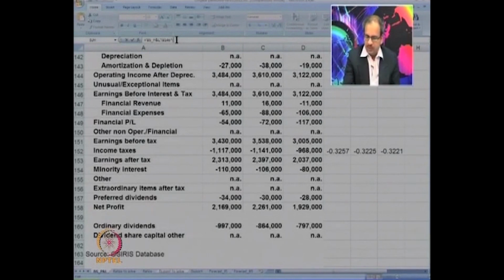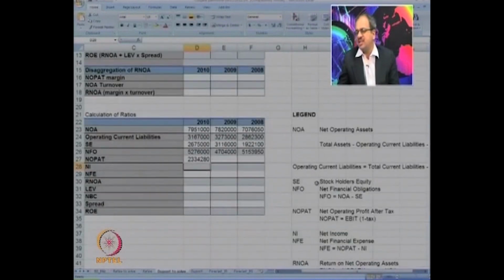Into, it is 1 minus, now here you can see in all these years the tax rate is around 0.325. So, I have taken it as 1 minus 0.33. You can make a judgment, some people can take it as 30% or 35%, but since 33% is the closest rate, so we have taken 1 minus 0.33. So, this becomes your NOPAT.